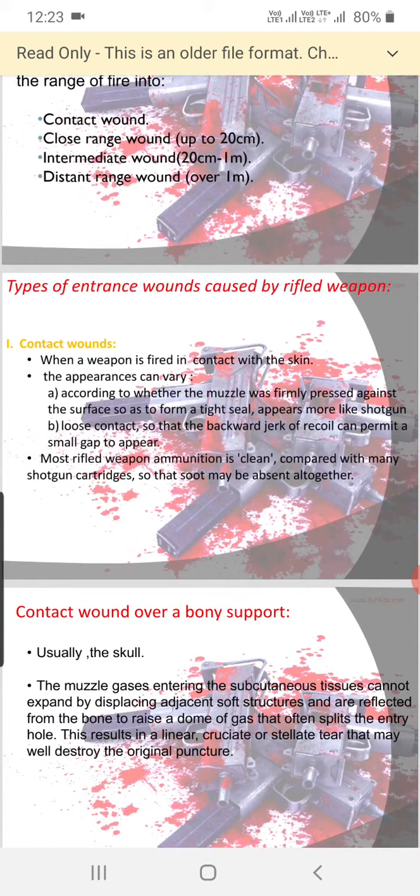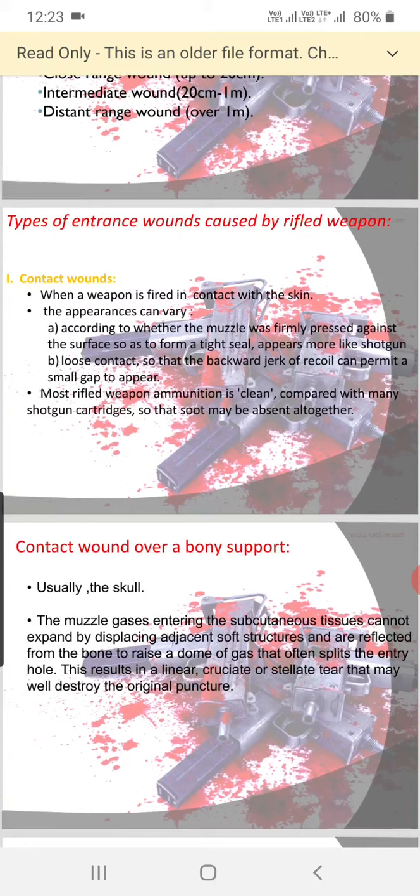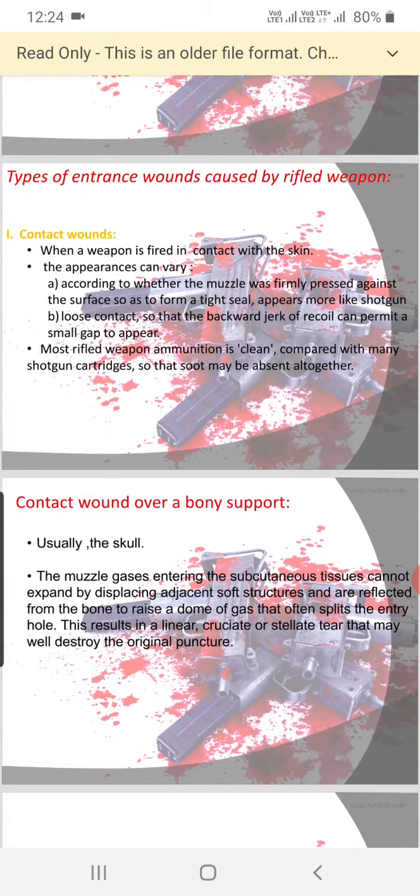Coming to the contact wound: when a weapon is fired in contact with the skin, the appearance can vary according to whether the muzzle was firmly pressed against the surface so as to form a tight seal, appearing more like a shotgun wound, or whether it is a loose contact so that the backward jerk or recoil can permit a small gap to appear. So it depends on a tight grip or a loose contact.